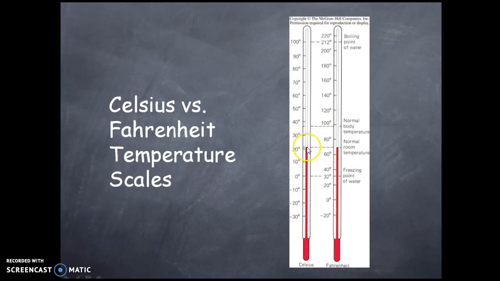The height of this liquid would be exactly the same in Fahrenheit too, only it would be showing somewhere around 67. You can see that 100 degrees Celsius would be right here, and the equivalent height would be 212 right here. So this is how the degrees Celsius and Fahrenheit scales look.